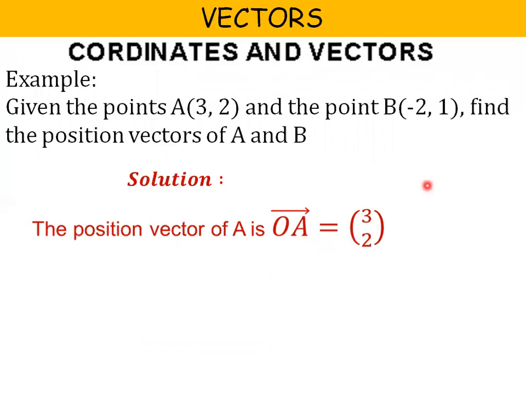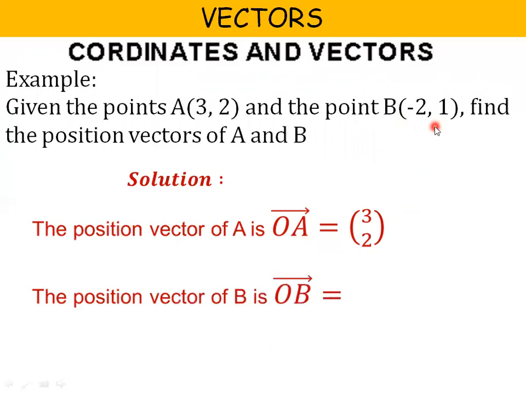In the same way, if the point B is given as coordinates -2, 1, then the position vector of B can be written as vector OB, and that is -2, 1 in the column vector form.